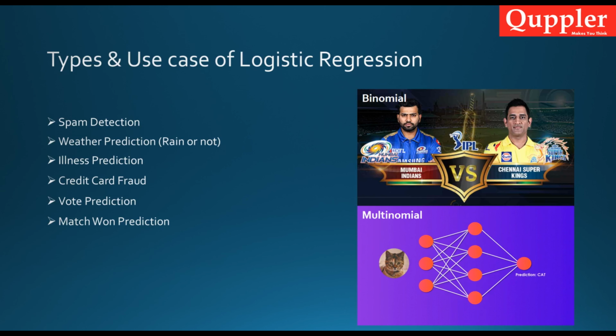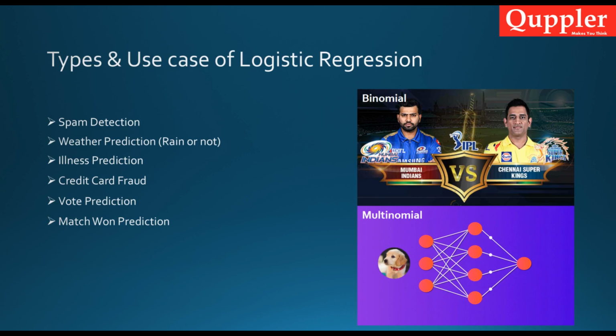You can predict, based on his mentality, whether a particular party will win the vote or not, like how it was done during Trump's election. In the similar fashion you can do vote prediction.